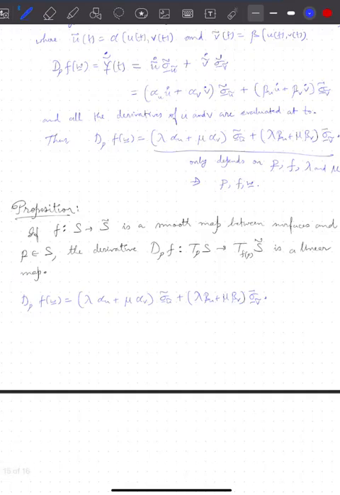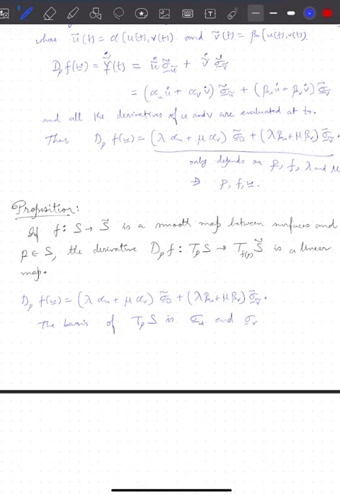Okay, so the basis of TpS is sigma_u and sigma_v.